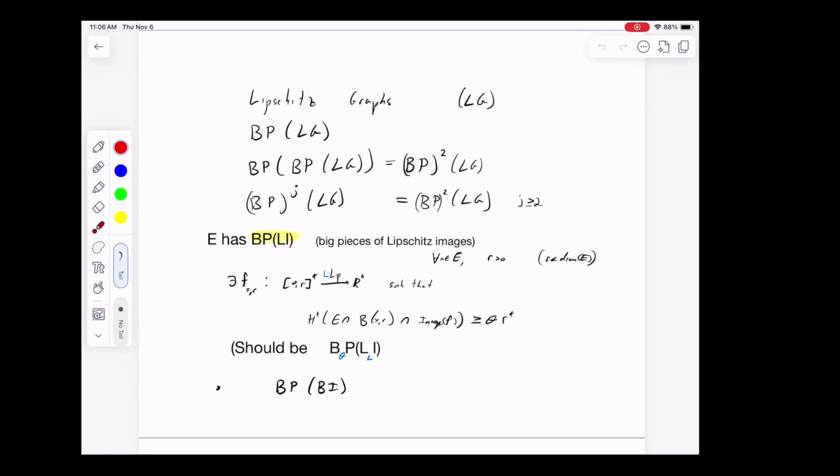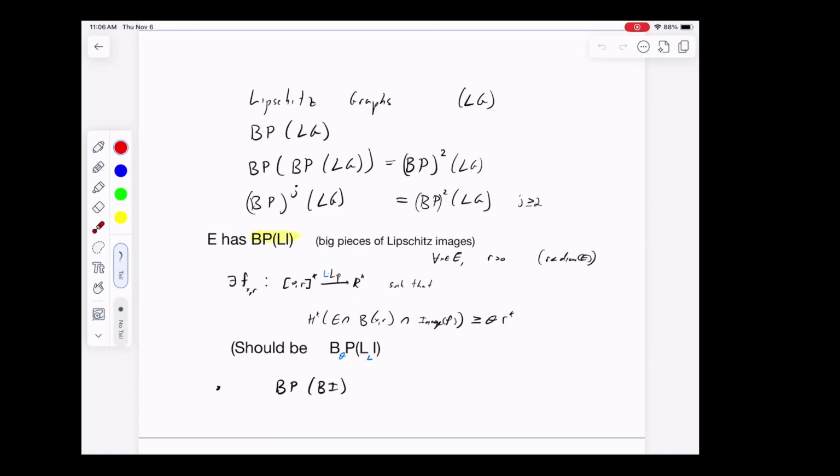So big pieces of Lipschitz images means that for every ball, meaning every point and every radius, there is a Lipschitz function going from the ball or the cube in k-dimensional space into R^n that captures at least theta of my ball. You think of this as big pieces with parameters, where big is denoted by theta, and Lipschitz image means that you fix a priori the Lipschitz constant L.